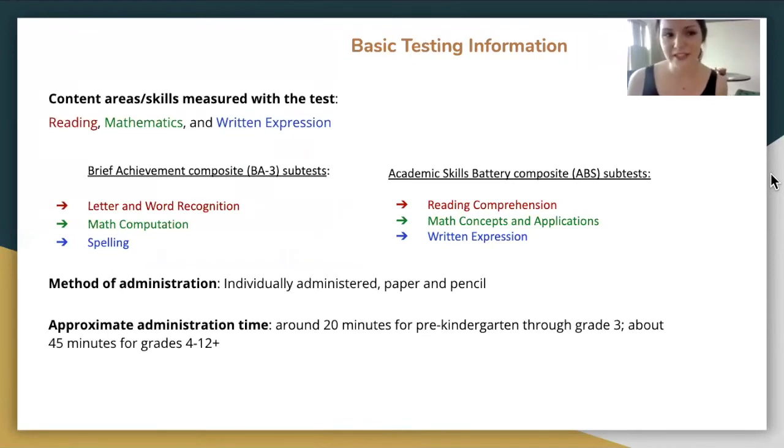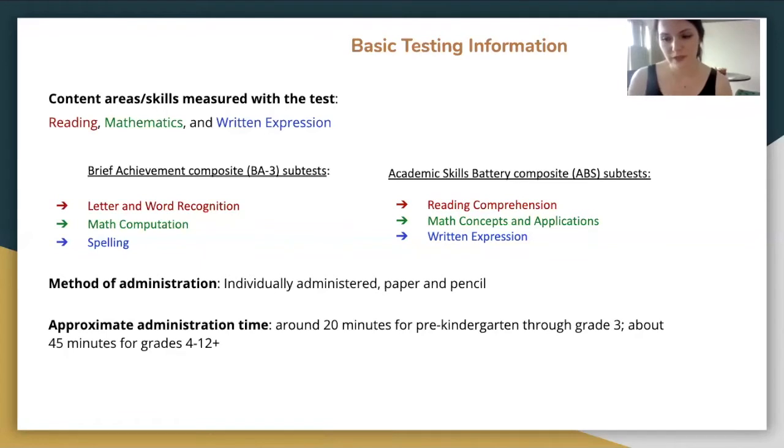The content areas that our test measures are reading, mathematics, and written expression. I tried to do it visually to represent that red is for reading, green is for mathematics, and blue is for written expression. So there are two composites, brief achievement composite and academic skills battery composite.